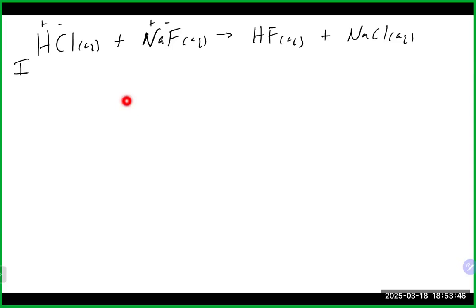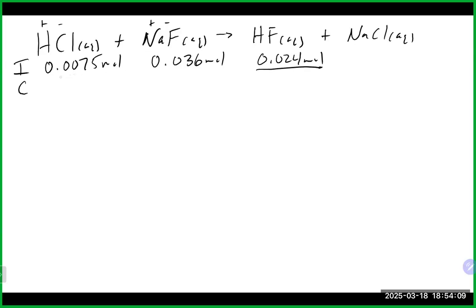HCl is 0.0075 moles, our sodium fluoride was 0.036 moles, and our HF 0.024 moles. Once again, we need that number, otherwise we're not doing the buffer problem. Super common error.